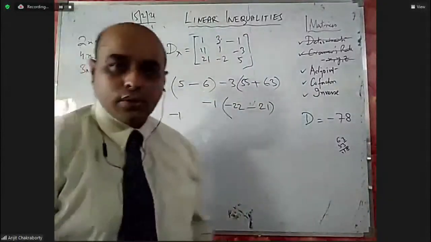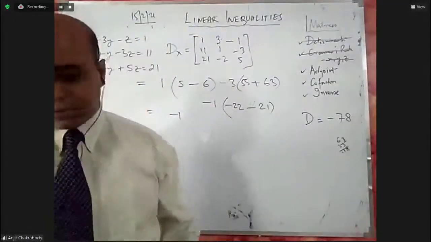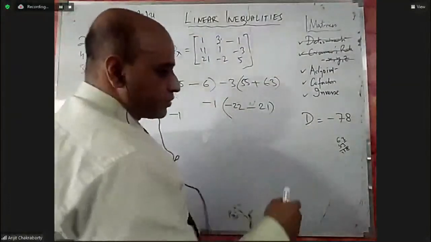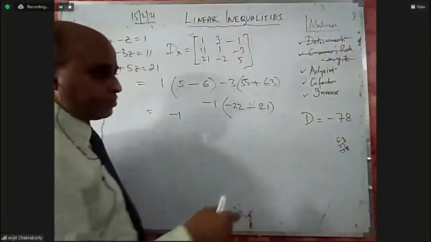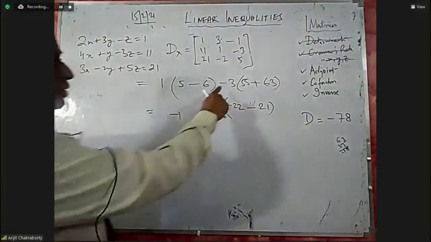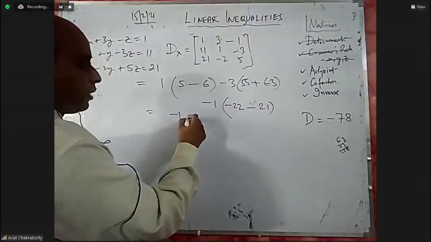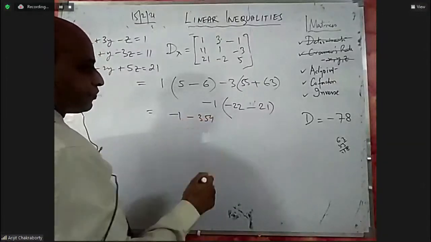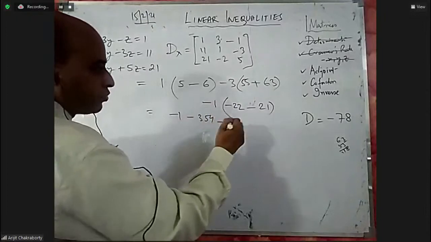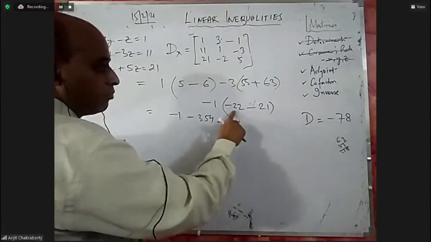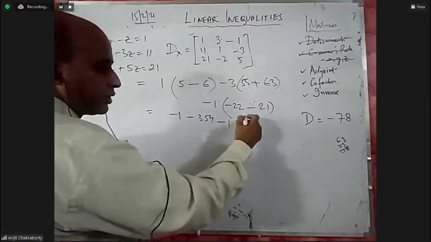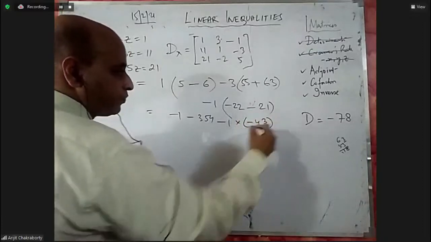So 118 multiplied by 3 gives us 354, just check. So minus 3 into 118 gives us minus 354. And then I have minus 1 into minus 22 minus 21, that is minus 43.